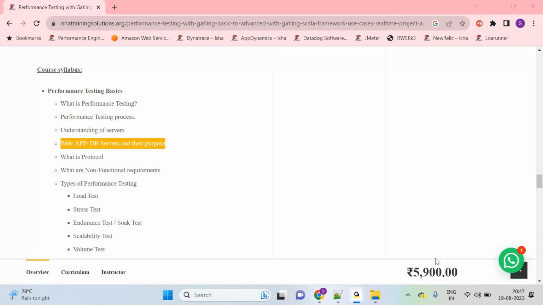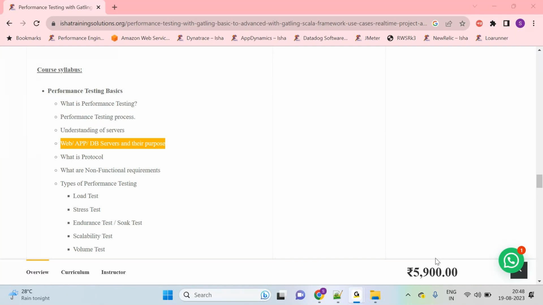Because when you are doing your execution, they ask you to do certain monitoring also. During execution we have to monitor the servers too. Maybe a request is coming from your customer. In that case, at least you should have that understanding, right?